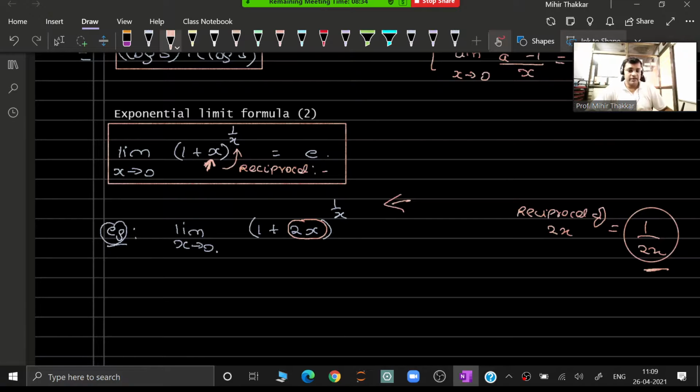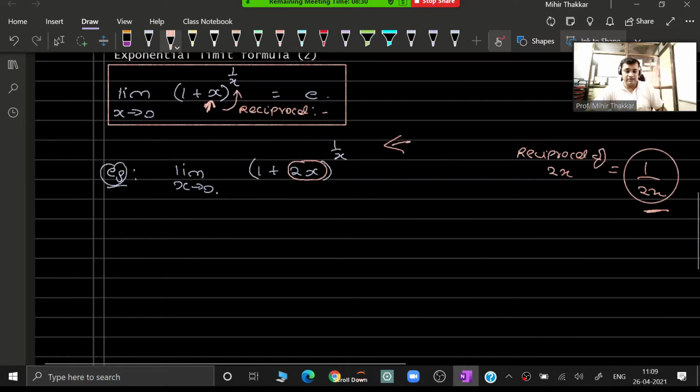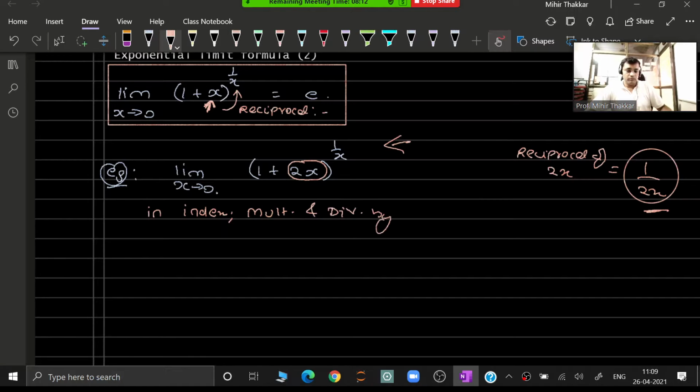So if I require 1 upon 2x in the power, I will write over here in index. Index is nothing but the power. I am sure you know the second name for power is index. So I will write over here in index, multiply and divide by 2.